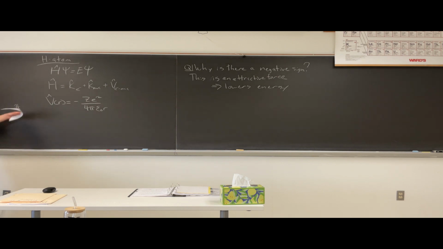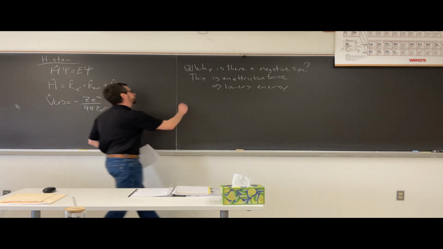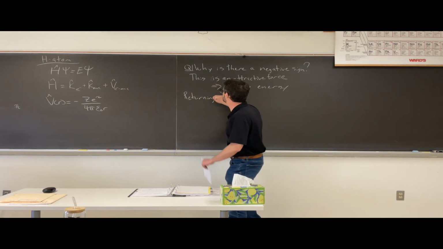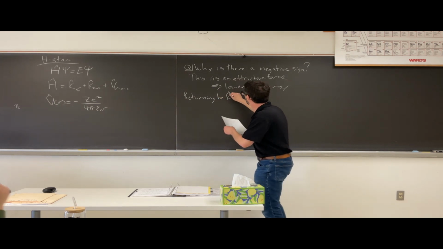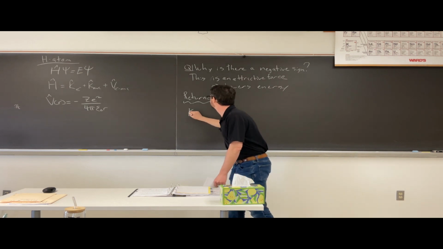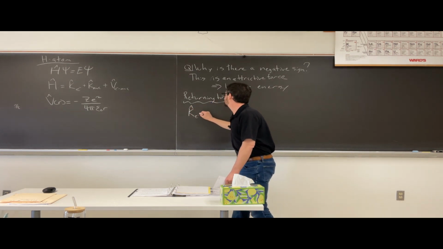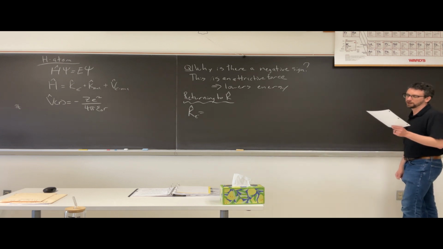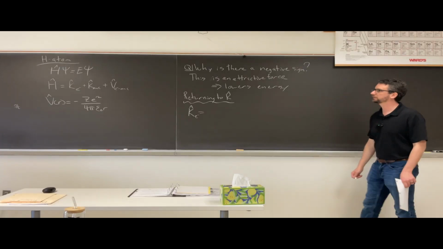Okay, let's talk about the kinetic energy portions. So let's return to K hat. Nothing super special there. Let's talk about the kinetic energy portion of the electron. What's that going to look like?